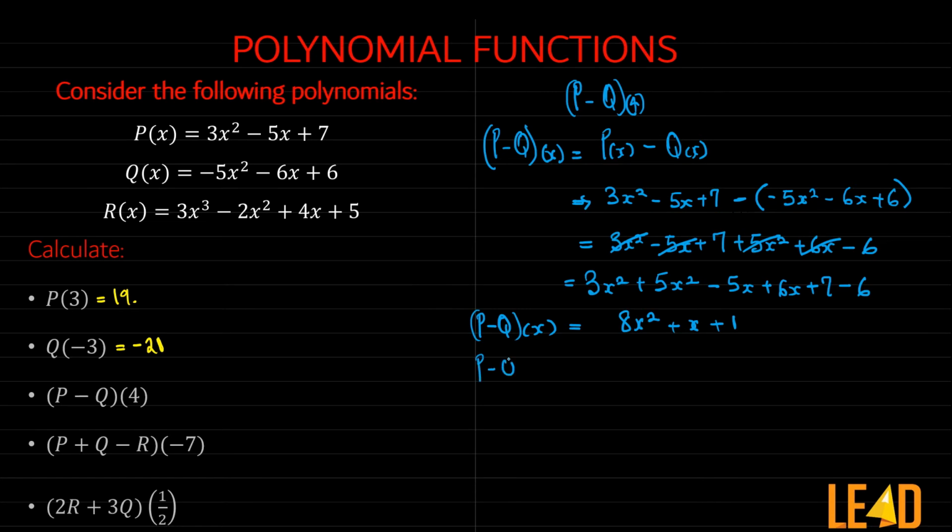So p minus q of 4 would be 8 bracket 4 squared plus 4 plus 1. So I just plug in 4. That would be 8 times 16 plus 5. 8 by 16 is, mental math, that would be 160 minus 16. I should just be humble and use a calculator though. That would be 154. Is that true? Hold up. Let me pull up a calculator.